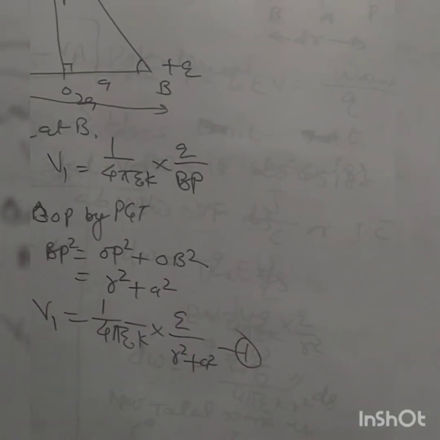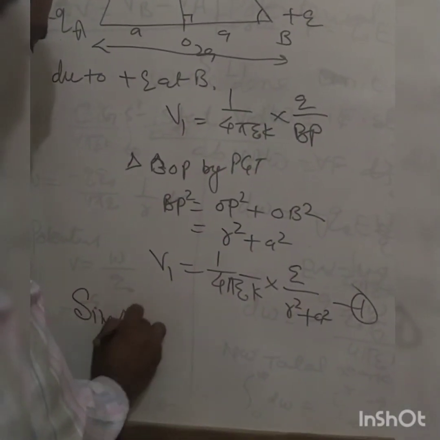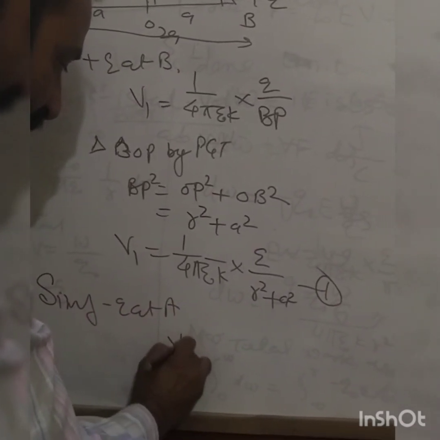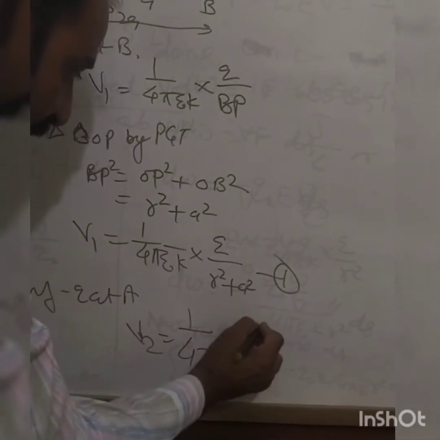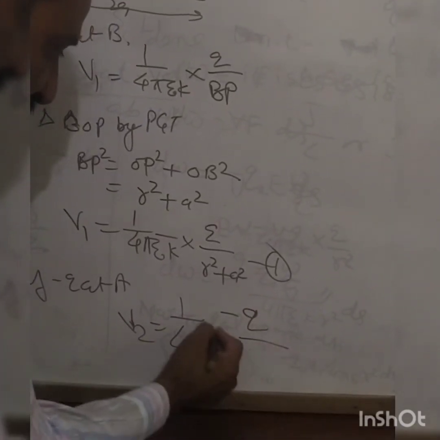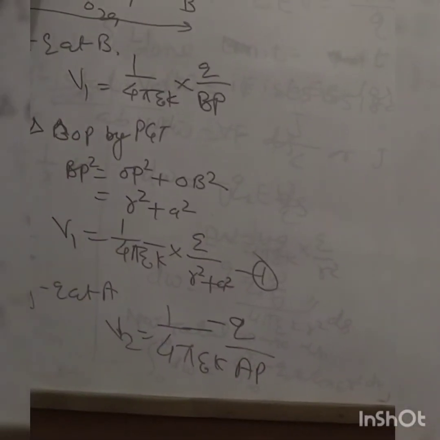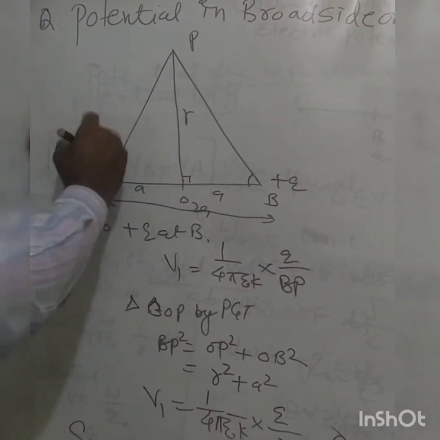Equation number 1. Similarly, we will go for minus q at A. V2 is equal to 1 upon 4 pi epsilon naught, K into charge, which is minus q, upon the distance AP. Again this is a right angle triangle, so AP square is equal to R square plus A square.